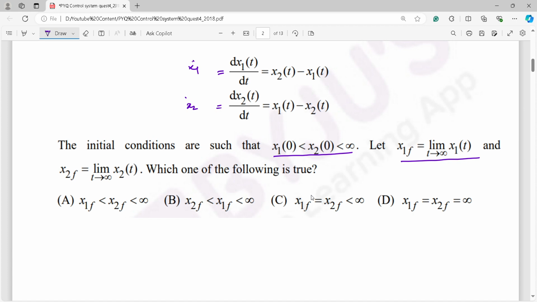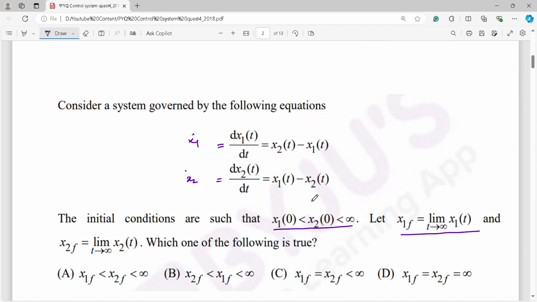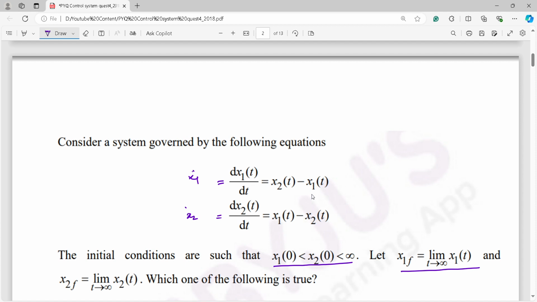As we know, here x dot is equal to Ax. That equation is given, so this is a homogeneous system.